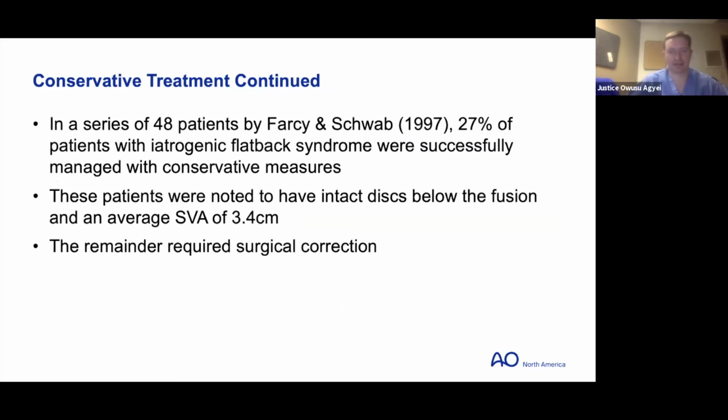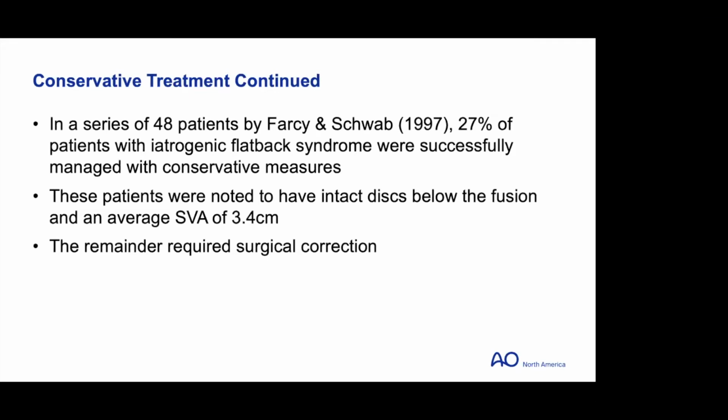The patients who failed conservative management had a relatively normal SVA, and they had intact disc below the level of fusion. So these were a less severely affected subgroup.